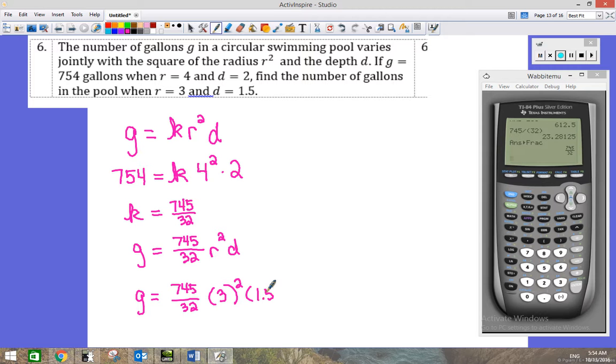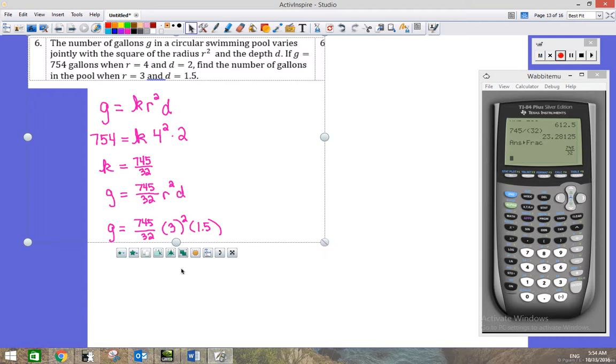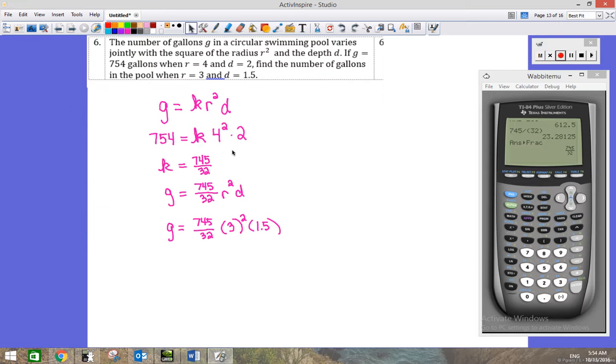So I would assume that's feet, but it really doesn't say, does it? Three squared is 9 times 1.5.